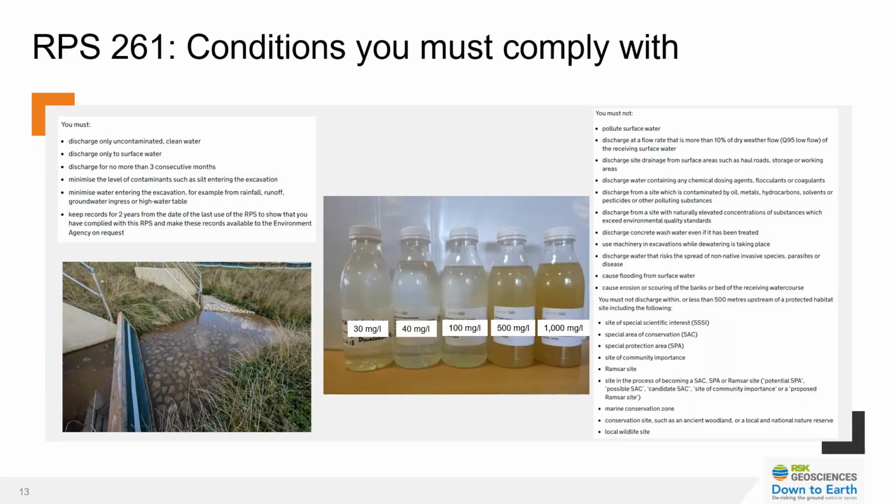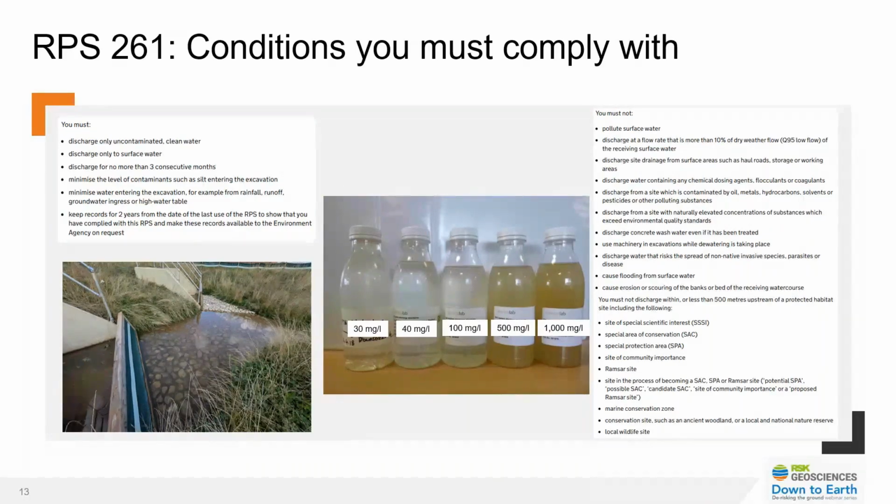Generally, what we're seeing with bespoke permit applications, you're looking at about 40 milligrams per litre of total suspended solids, whereas trade effluent consents, you're looking at about 100 milligrams per litre of suspended solids. So the second bottle from the left is 40 milligrams per litre and the middle bottle is 100.